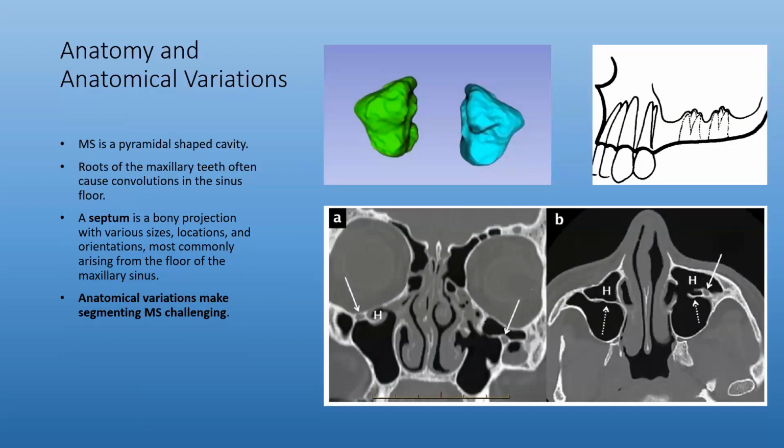Here in the first image, we see the 3D reconstruction of the maxillary sinus, which is done in the 3D Slicer program. It is generally compared to a pyramid in the literature. It is generally called a pyramidal shaped cavity, but of course, its shape differs from person to person.